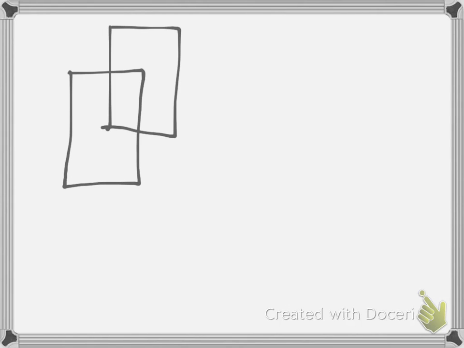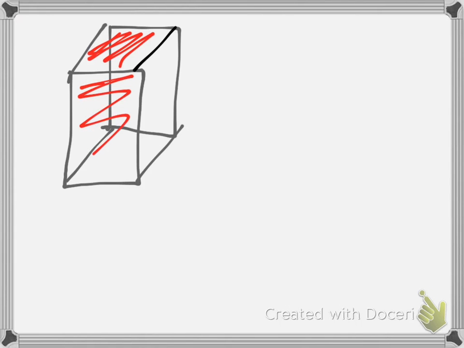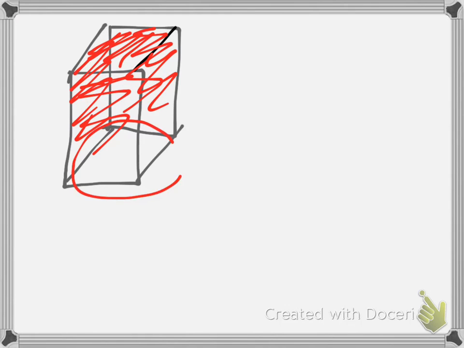So if you have a rectangular prism, here would be a rectangular prism. If you're only painting the top and the sides, oops, I lost one of my edges there. There it is. If you're only painting the top, there's the top and the side. So here's the front, there's the right side, and then you got your back side, and then you have your left side. You're not painting the bottom.